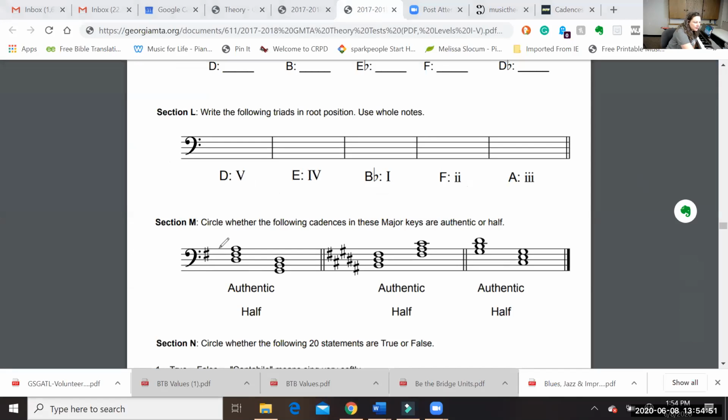Let's take a look at this first one. The key signature here indicates G major, correct? We have 1 sharp, which is an F sharp, and so we have G major.